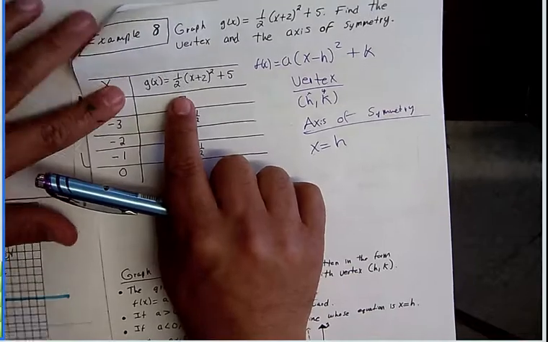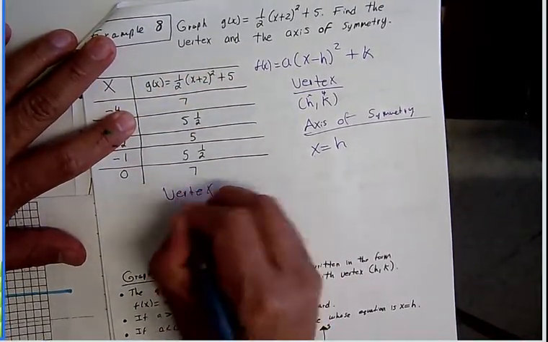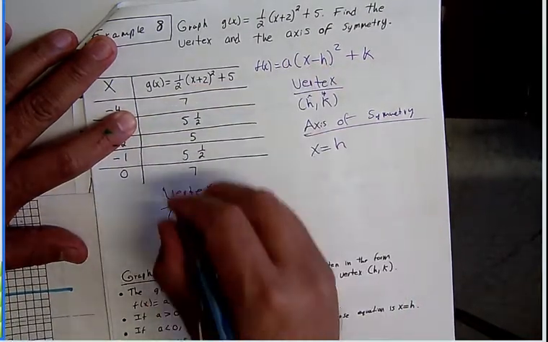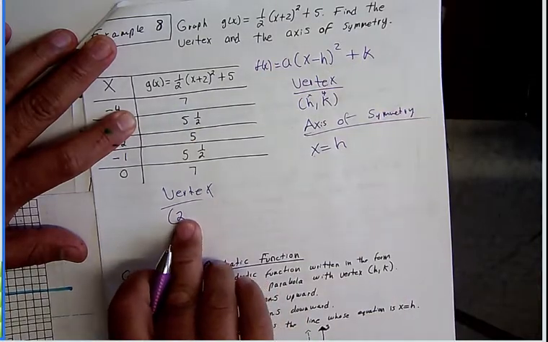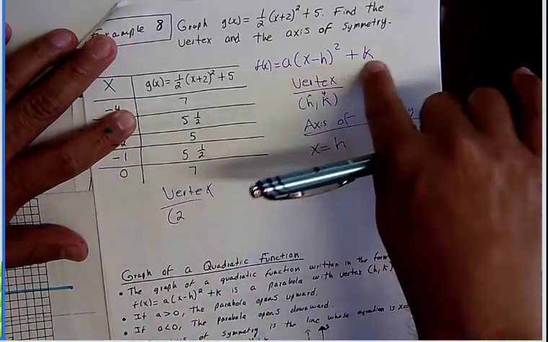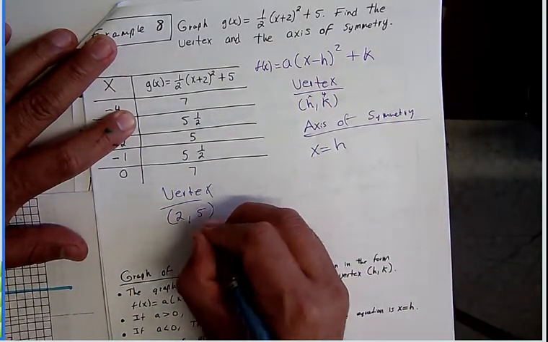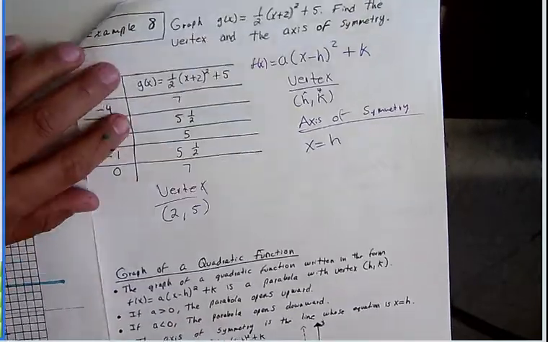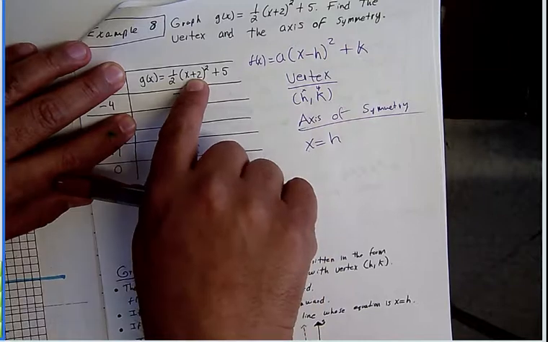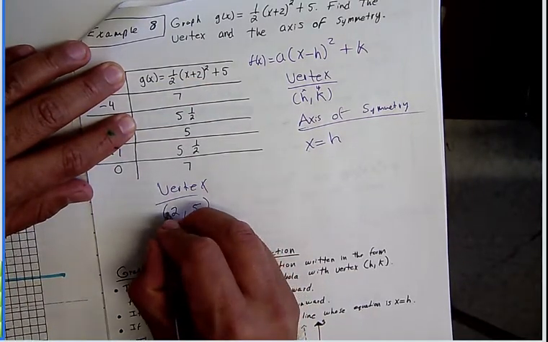So let's look at this one. It's already given to you. What's the vertex? That's the h, which is this one. That would be the first one. And I'm going to put a 2, and I'll tell you what happens because there's something else besides that. And the k would be the y value, which is 5. Whatever sign you have for this one on the vertex, you're going to put the opposite, which is negative.